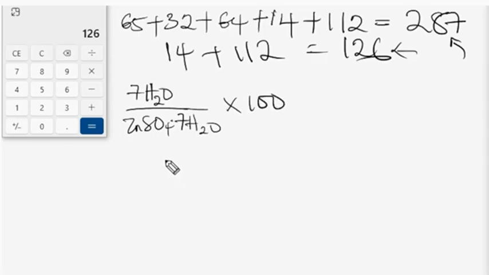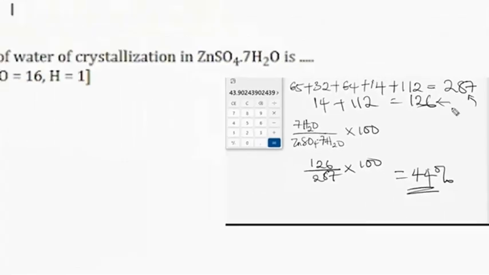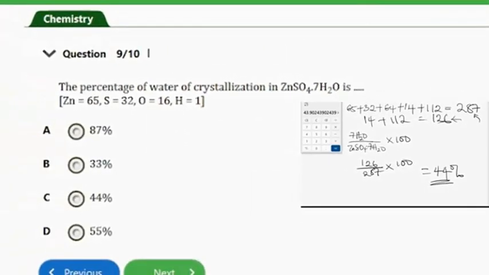So with this, that's 126 over 287 times 100. So guys, the answer here is 43.9. That's approximately 44%. So guys, that's option C here, and that's the answer to this question.